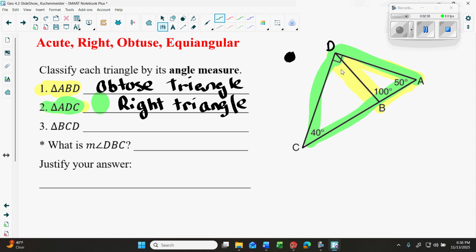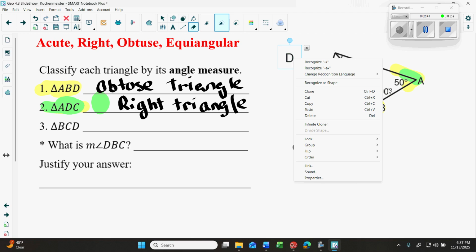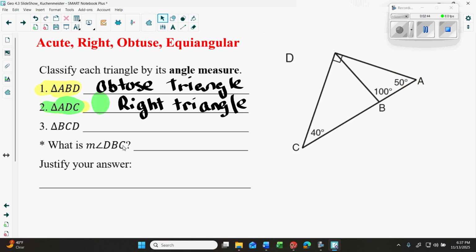And lastly, if we take a look at triangle BCD, B to C to D is just this left triangle here. We're going to have a 40-degree angle right here.